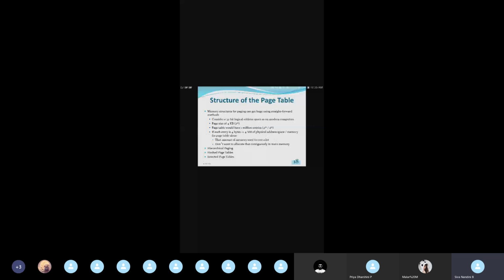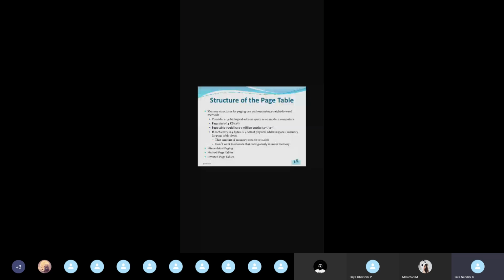So this n denotes the number of offset bits.